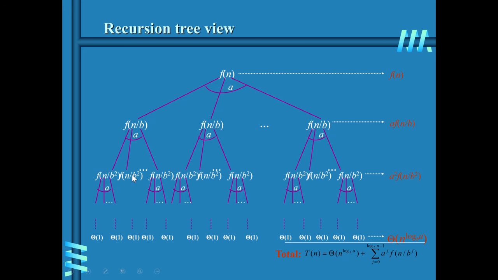To conquer that, we need f(n/b^2). This division continues until it reaches Θ(1), with very few input elements. To sum up, the problem is divided from top to bottom, and when we conquer, we have to conquer each level, so we sum up all this runtime.